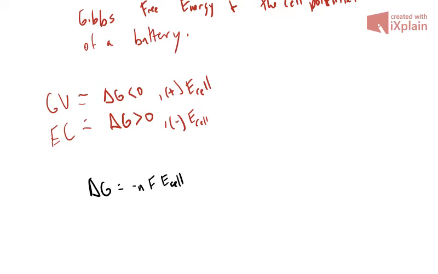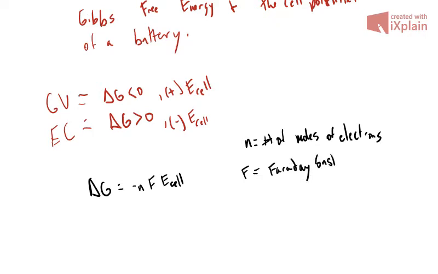Okay, now this N is the number of moles of electrons. F is the Faraday constant. And E is the cell potential.